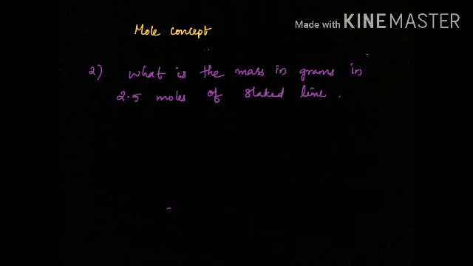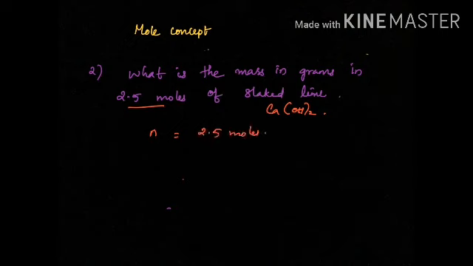So this is the question. What you need to write is slaked lime. What is the formula of slaked lime? Ca(OH)2. Now we need to write whichever data is given over here. It is given 2.5 mole, right? So number of moles, small letter n, is equal to 2.5 moles.